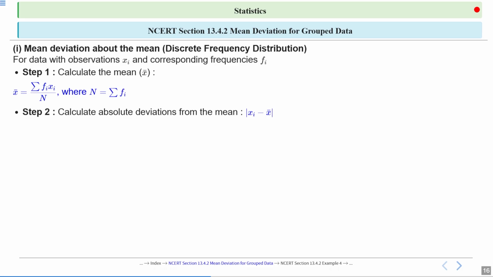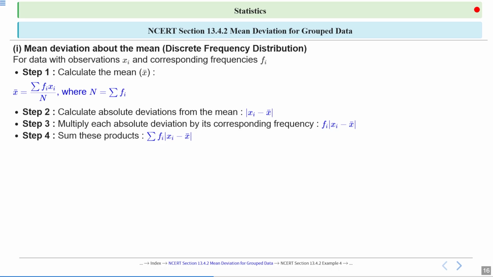Step 2 is to calculate absolute deviations from the mean, that is mod of xi minus x bar. Step 3 is to multiply each absolute deviation by its corresponding frequency, that is fi multiplied with modulus of xi minus x bar.